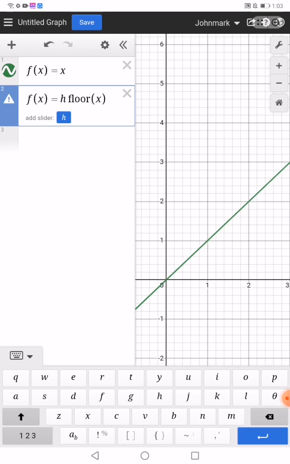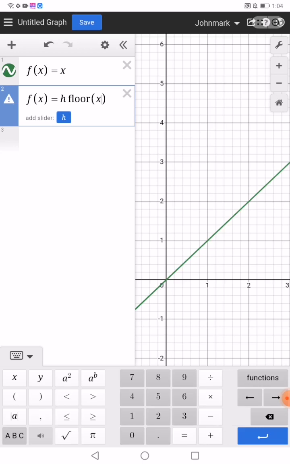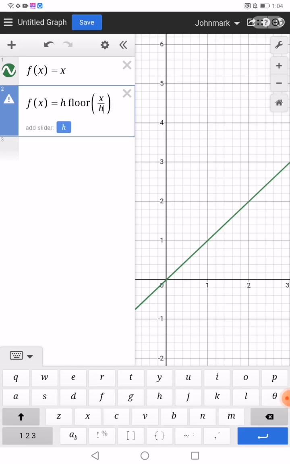After we multiply by h, we also need to divide by h inside the integer function, so that at any certain point on a real number we have every length of h. The multiplied value will be cancelled out, and that will be our desired length of h.